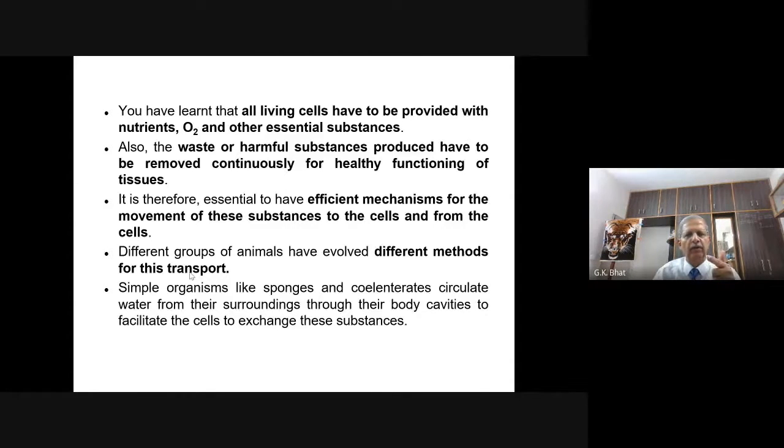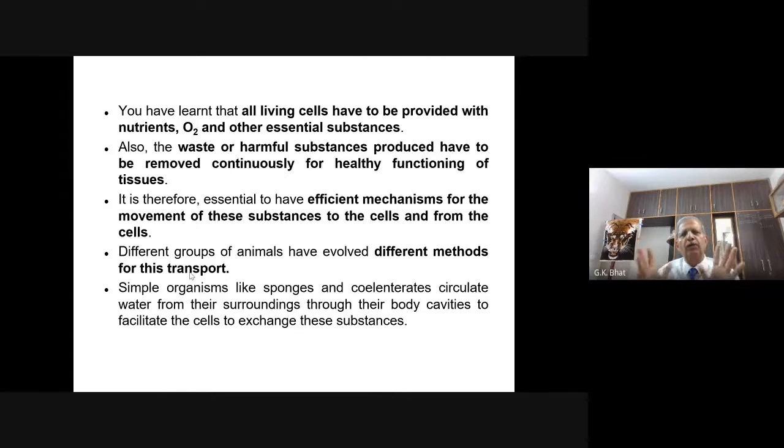So in this way, water which enters into the ostia supplies the food materials and the dissolved oxygen to the cells of the sponge body, and the outgoing water carries the undigested food. Along with that, it also carries the dissolved carbon dioxide. At the same time, the outgoing water from the spongocoel to the osculum also carries nitrogenous waste in the form of ammonia.